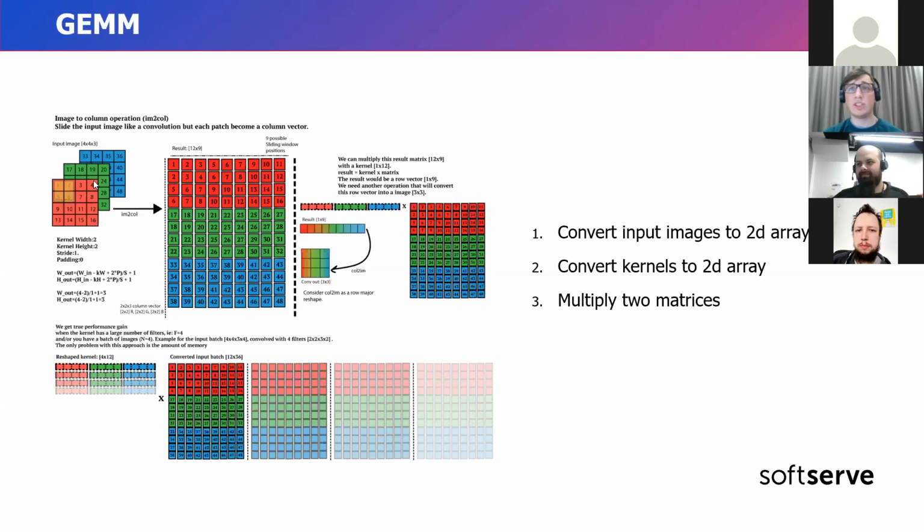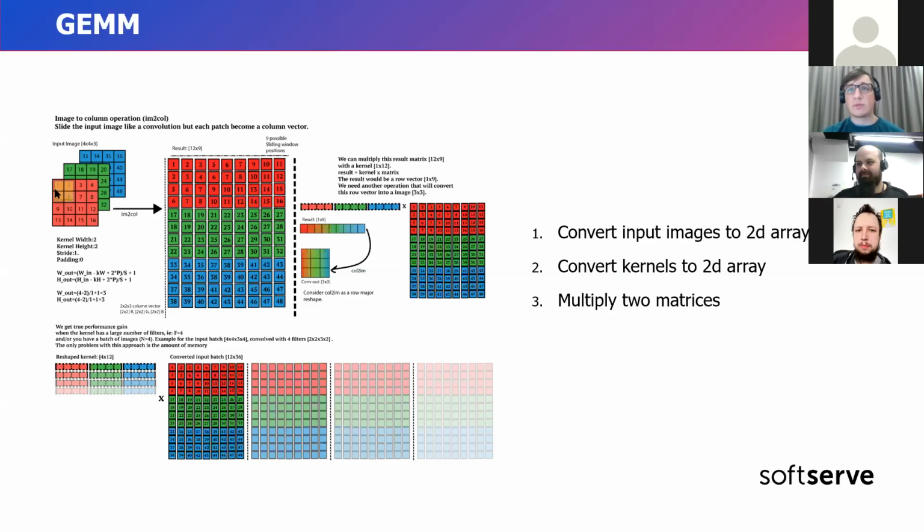The GEMM algorithm is based on the image-to-column and image-to-row functions. Basically, they transform part of the image to the respective row or column. We proceed with such an operation over the whole image and move the whole image to a two-dimensional array.